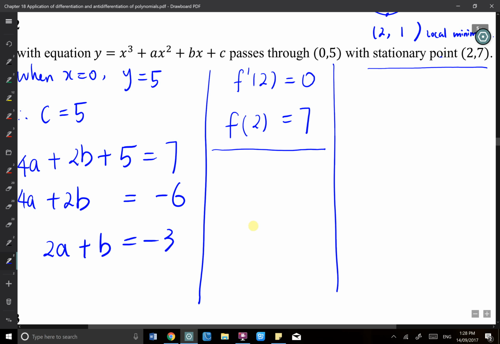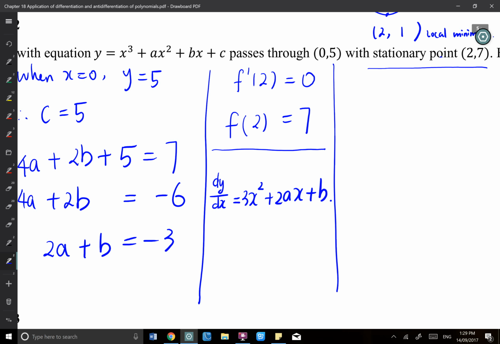Okay, f dash is dy dx. dy dx equals 3x squared plus 2ax plus b. Okay, that's dy dx.